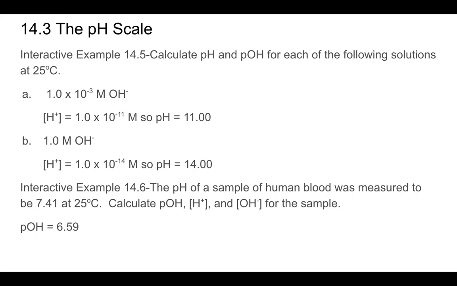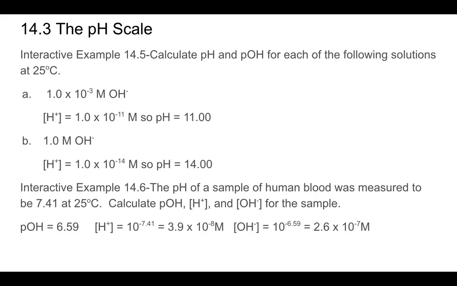The H plus molarity, 10 to the minus 7.41. Put it in your calculator, 3.9 times 10 minus 8 moles per liter. The OH minus concentration, 10 to the minus 6.59, 2.6 times 10 minus 7 moles per liter.